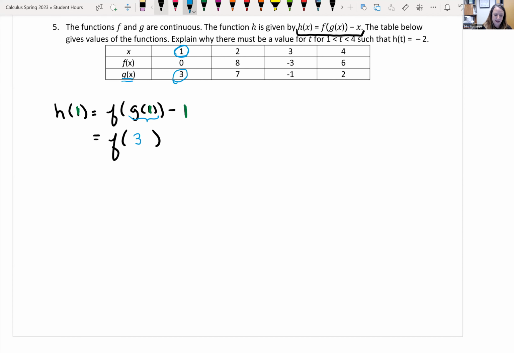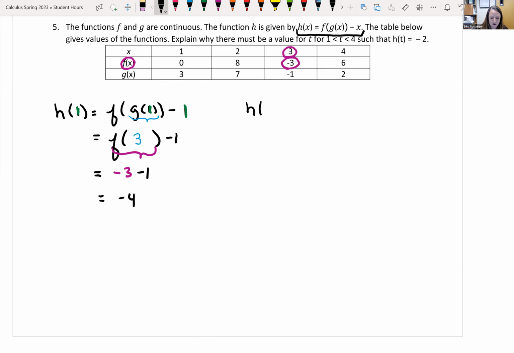So I have f of 3 minus 1. So again, I'm going to go back up to my table and look at what is f of 3. I'm looking when x is 3. What is f of 3? F of 3 is -3. So I would get f of 3 here is -3 minus our 1, which is -4.